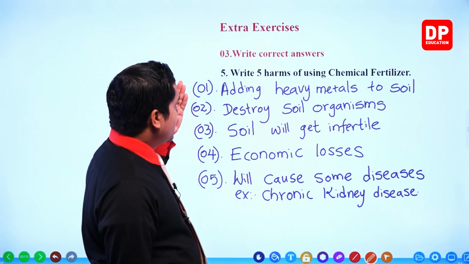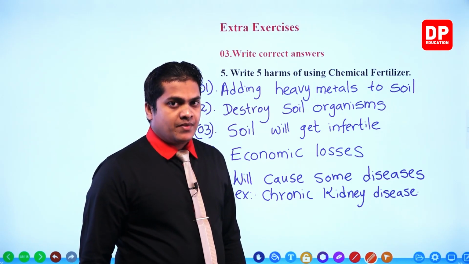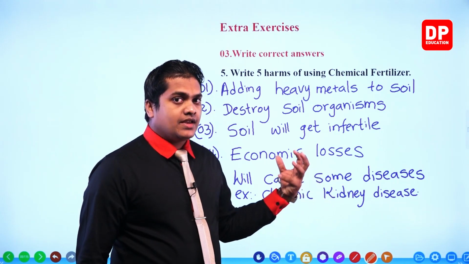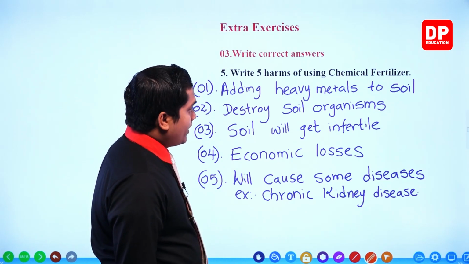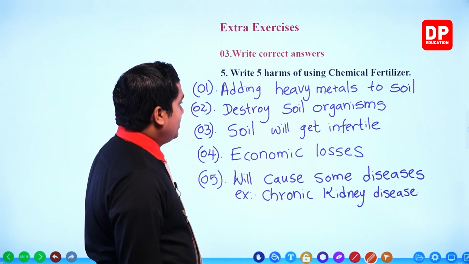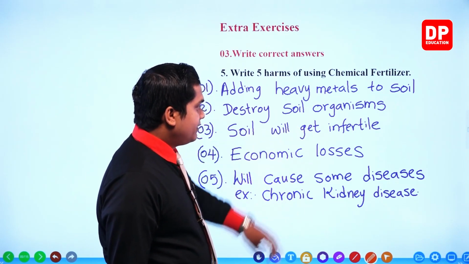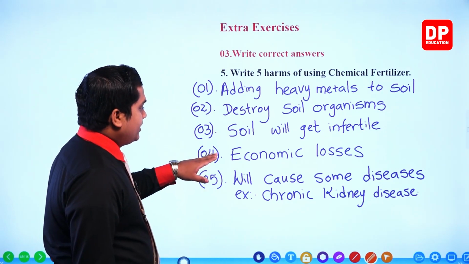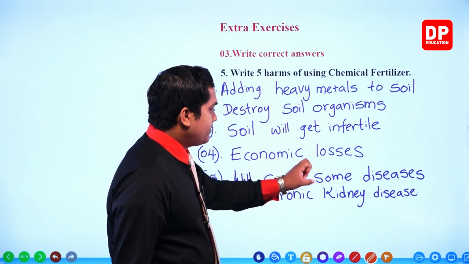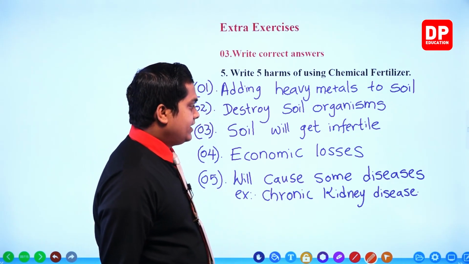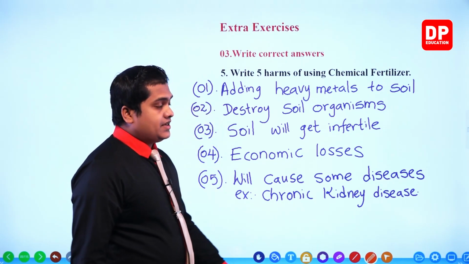So my dear children, 5 harms. Adding heavy metals to soil, okay? Because of the chemicals, heavy metals will be added to the soil. Then it will destroy soil organisms. Then soil will get infertile. Not only that, economic losses can occur. And the other thing is, will cause some diseases like chronic kidney disease. Okay, harms of using chemical fertilizer, right?